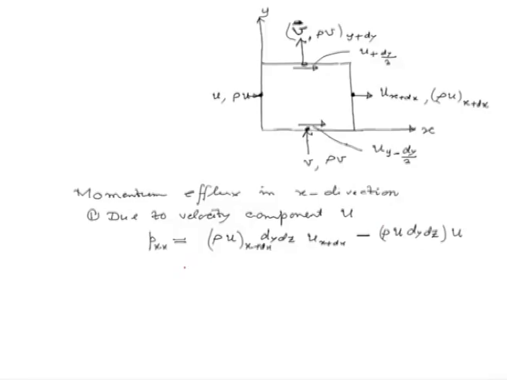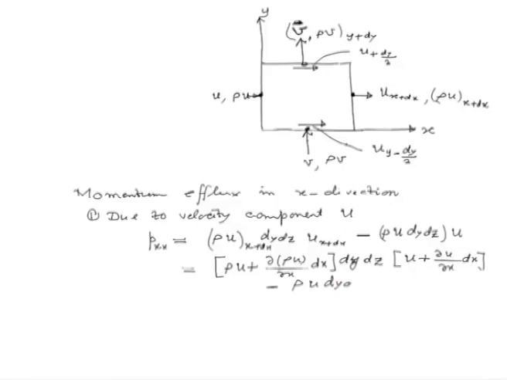Expand the first term on the right hand side. So, we will have rho u plus del of rho u over del x dx multiplied by dy dz into u plus del u by del x dx minus rho u dy dz u.